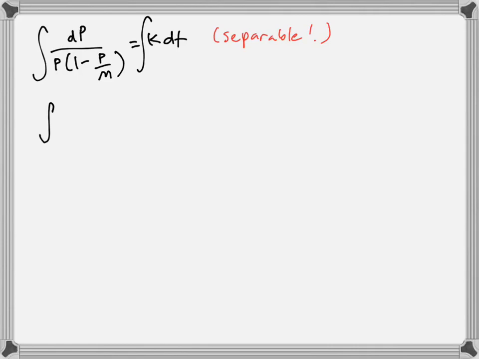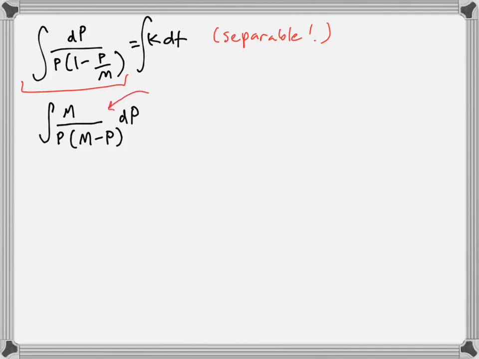If I multiply top and bottom by M, it means I'm actually integrating M over P times (M minus P) dP. So what is this equal to? Well, I will skip all of the steps.